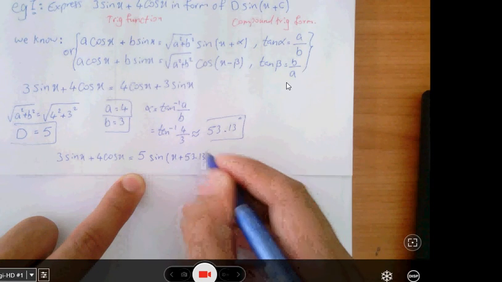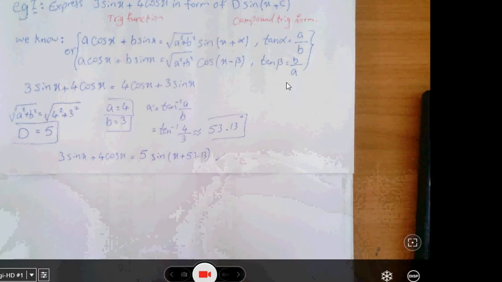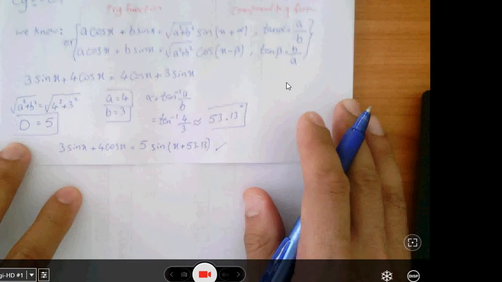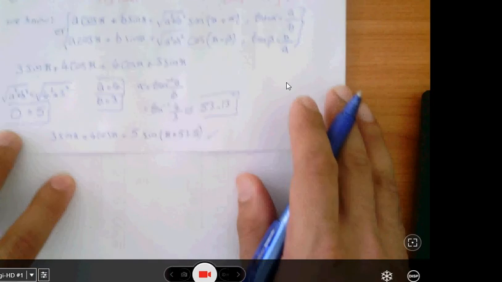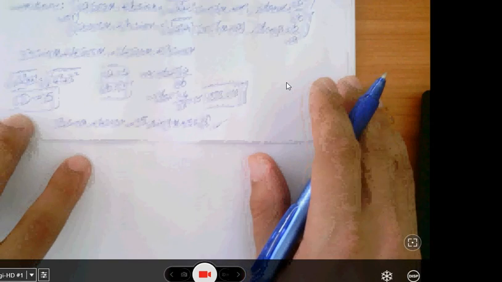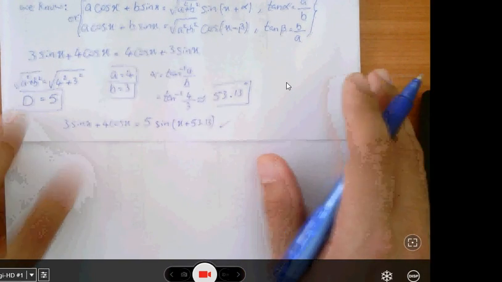I'm done. We leave this up the top here for you as a reference. I think I have explained it quite well. I'll have another example for us here.